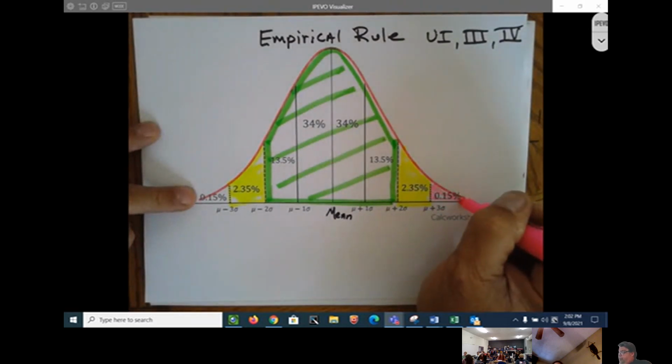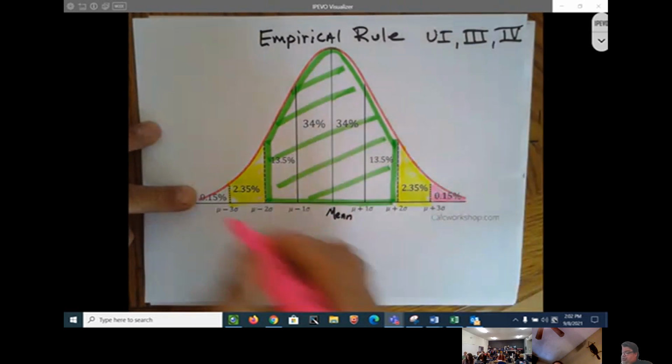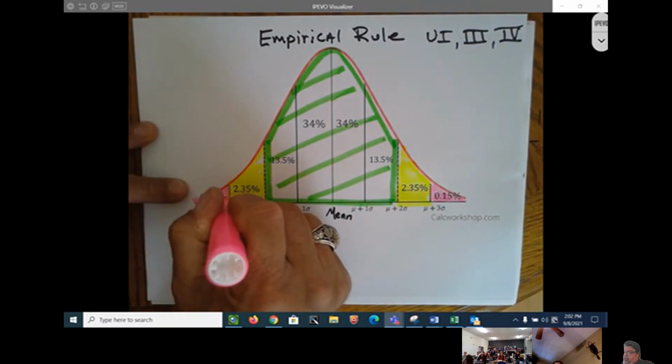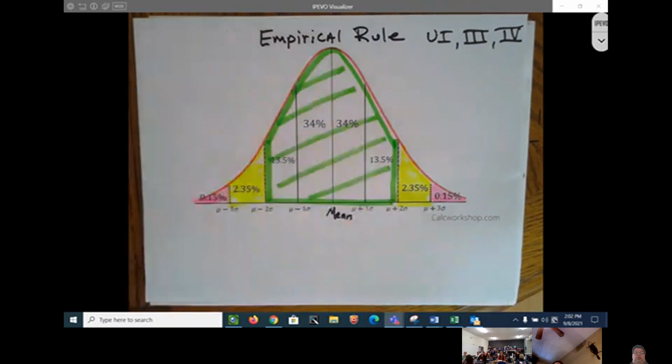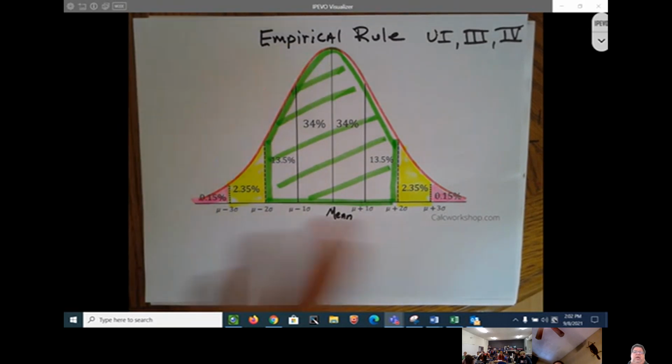Now, there are about 3 or 4 questions on the test that are nothing but empirical rule. You're not going to be able to use your calculator, and you're not going to be able to copy off of each other because the test is totally different. So you're going to have to know the empirical rule to do those 3 or 4 problems.